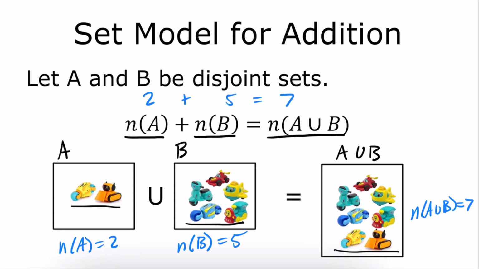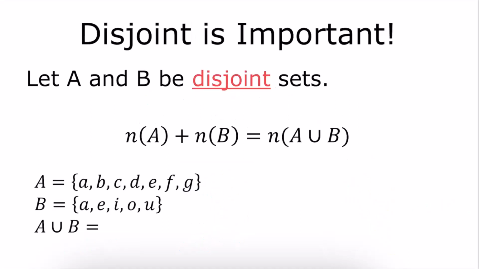In this definition, it's really important that A and B are disjoint sets, because if they were not disjoint, addition would not be defined correctly. For example, if set A contains A, B, C, D, E, F, G, the number of items in set A is 7. If set B contains A, E, I, O, U, the number of items in set B is 5.